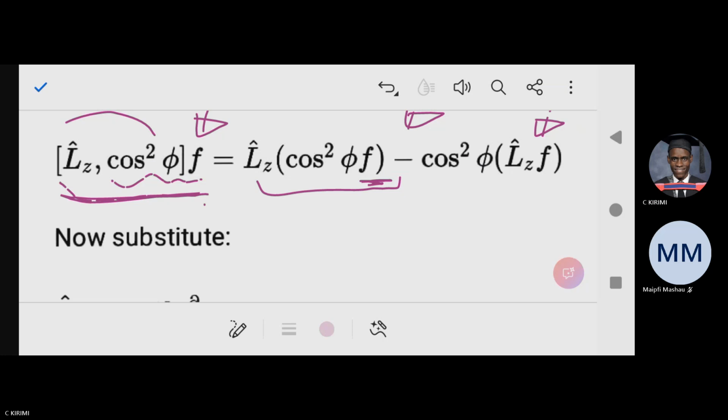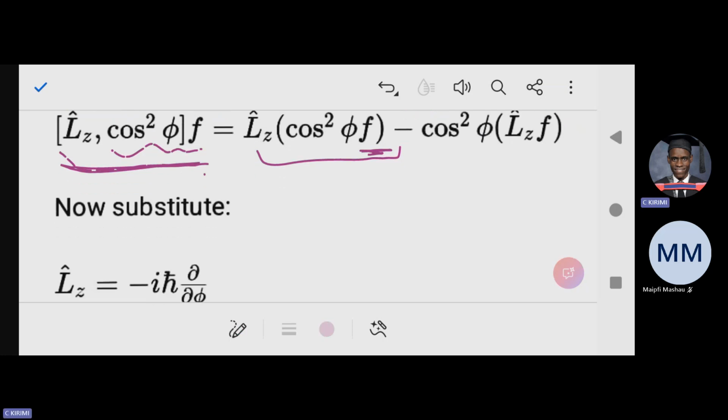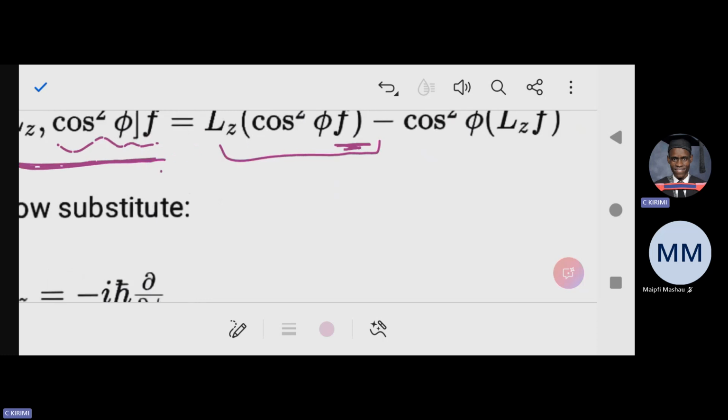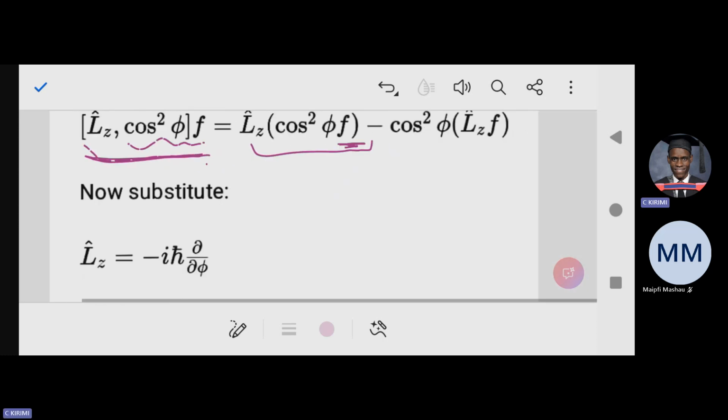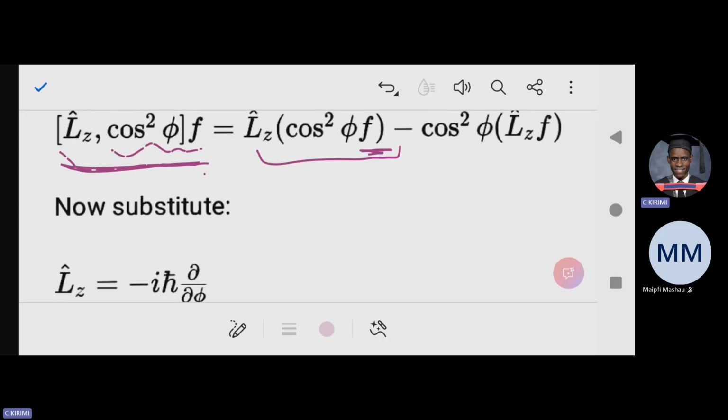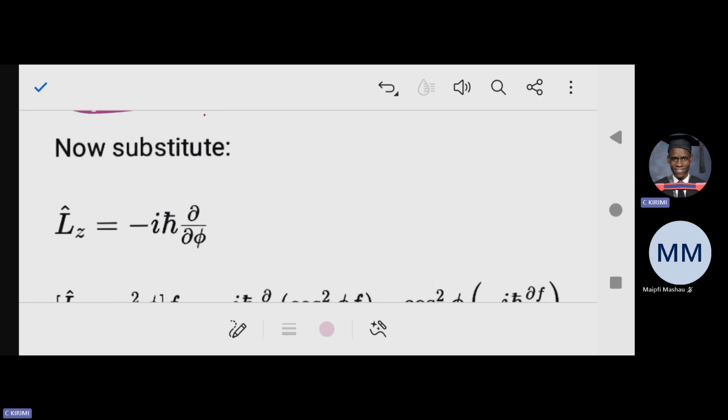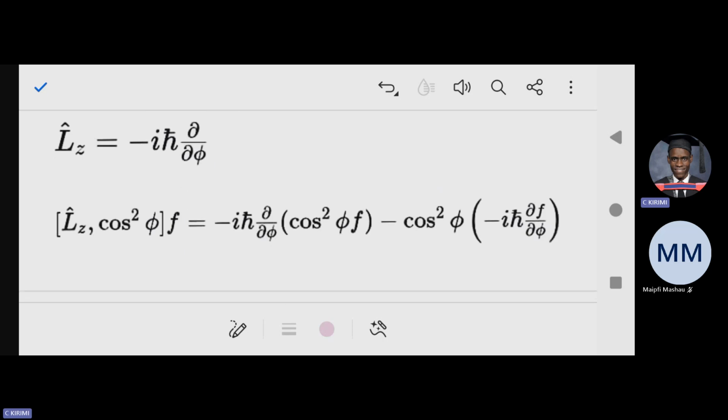All right. So from here, now you substitute your variables. You were told to use LZ to be i h bar partial phi. So use that LZ to be i h bar partial phi. Which means I am going to replace where there was LZ.